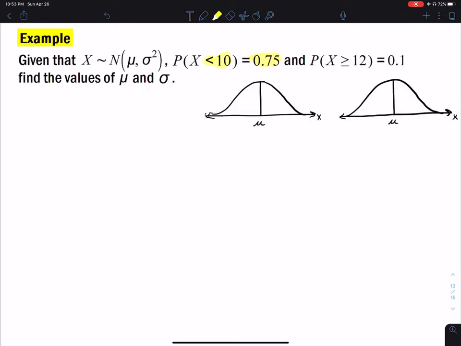So this is saying that the probability that x is less than 10, so to the left of 10, is 75%.